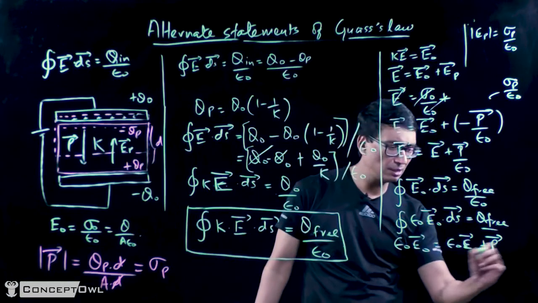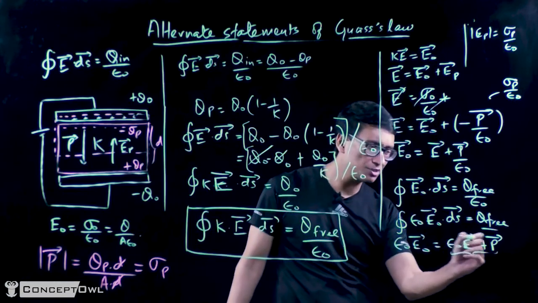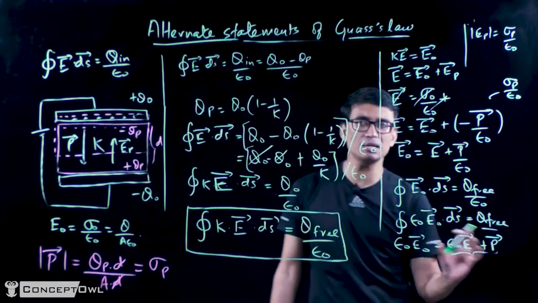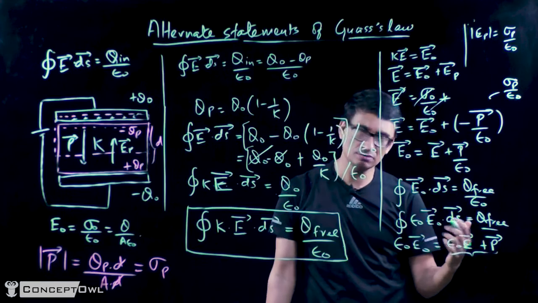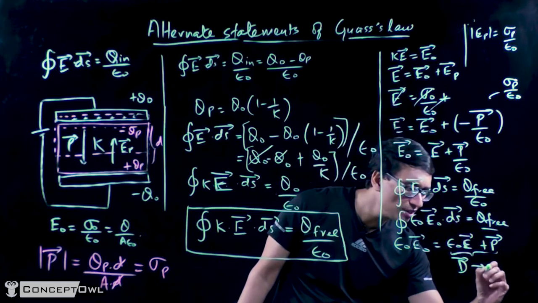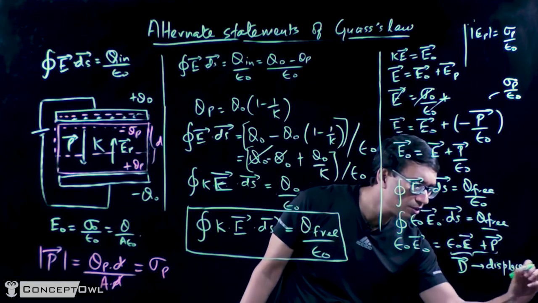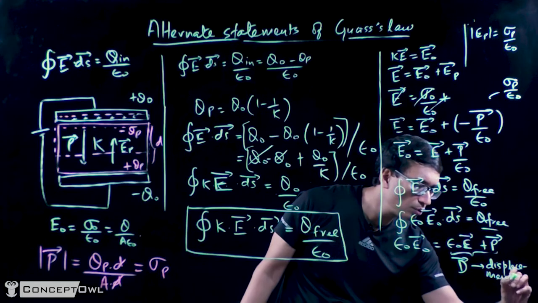This is an electric field vector into epsilon naught, some constant, plus the polarization vector. I'll call this a displacement vector D. It's called the displacement vector.